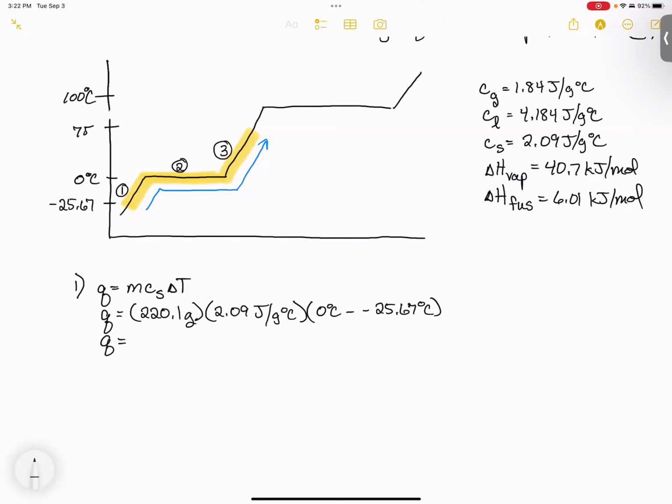So the heat just for section 1 is 11,808 joules, or 11.81 kilojoules.